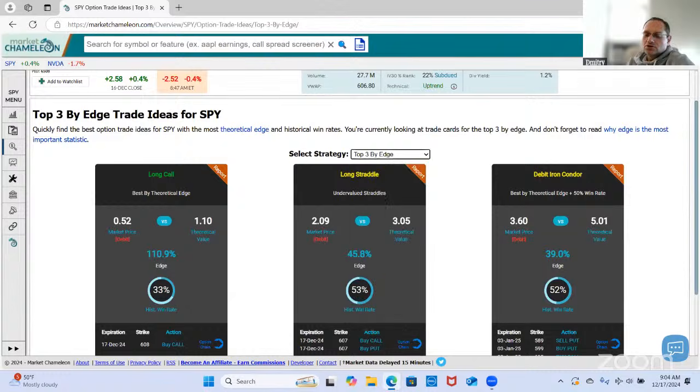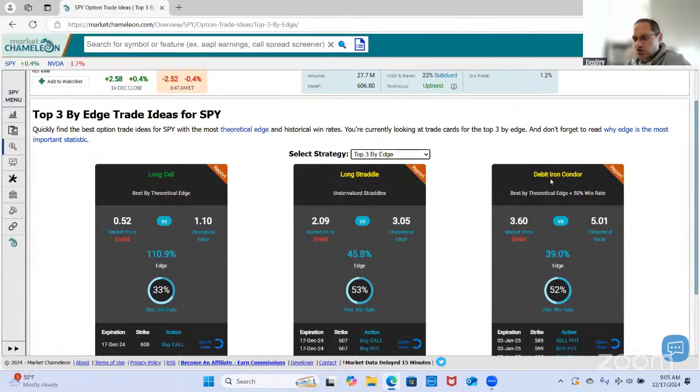So let me close this, and out of these three, you could see there's a long call, long straddle, and debit iron condor. Let's cover the long straddle today. The straddle is an option strategy where you're buying a call and buying a put, right?